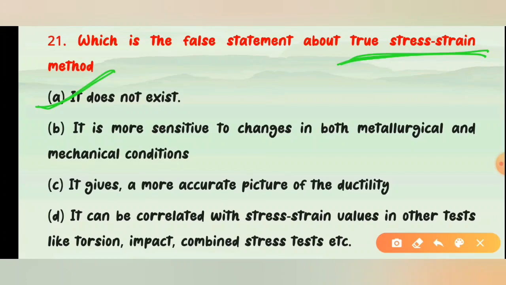True stress is the load divided by the instantaneous cross sectional area of that object, and true strain equals the natural log of original cross sectional area upon instantaneous cross sectional area. So option A is the correct one.